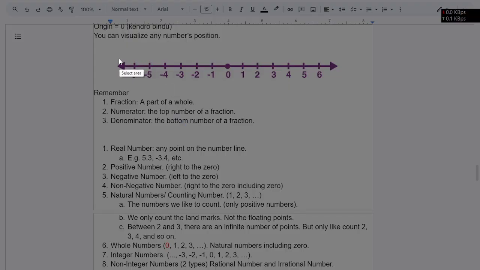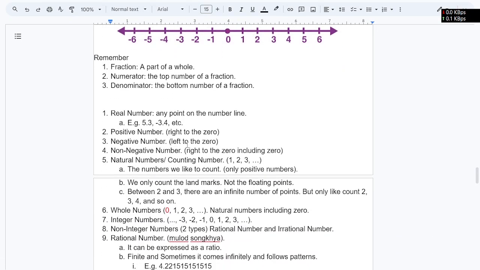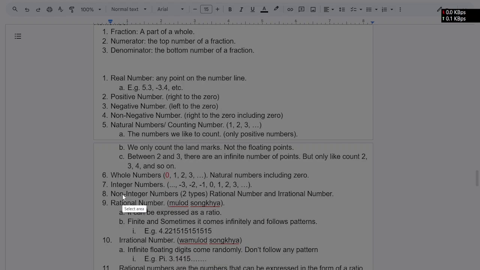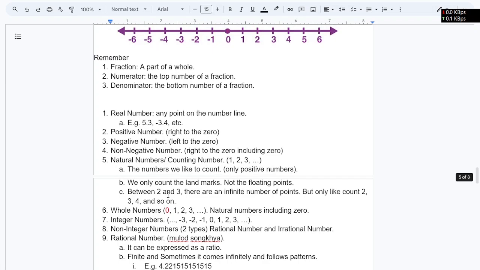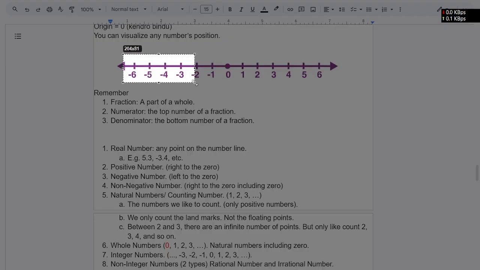On this number line, including 0, all the natural numbers are whole numbers: 1, 2, 3, 4, 5 and going upwards, including 0. In the natural numbers and whole numbers, we didn't include the negative numbers.